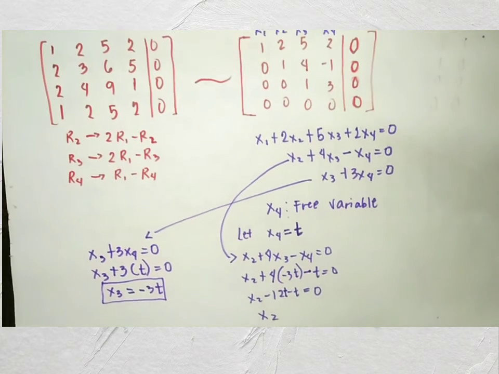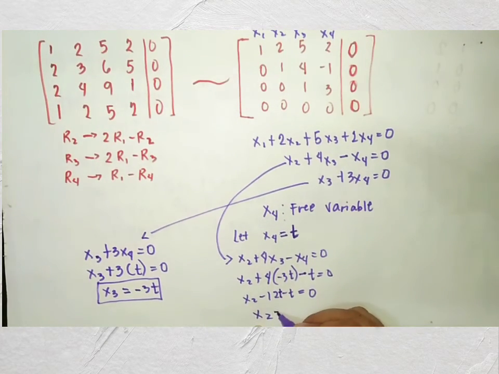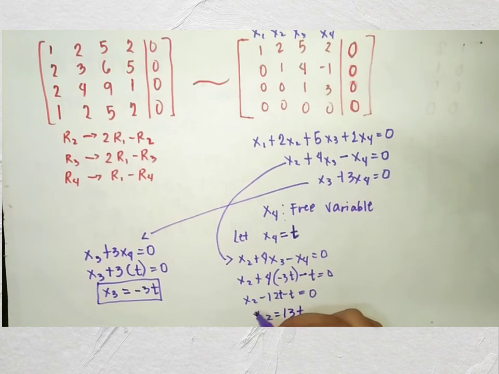So, x sub 2 is equals to, dahil negative 13 yung result nito, lilipat natin siya sa kabila. So, magpa-positive siya. x sub 2 is equals to 13t.